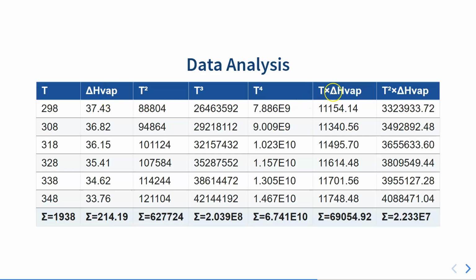So T times delH vapor means xy, and T square times delH vapor means x square y.